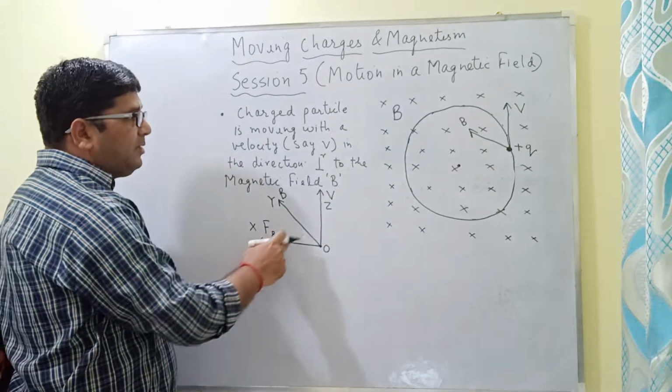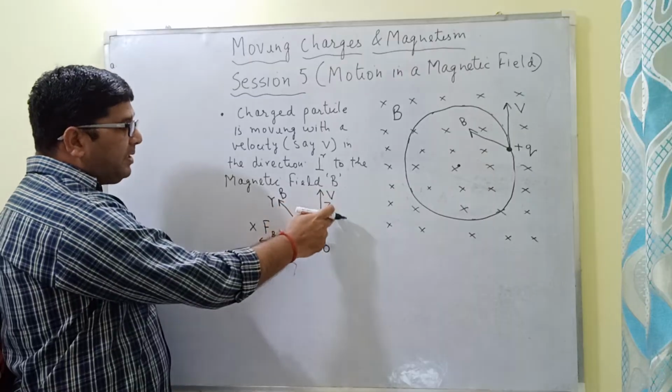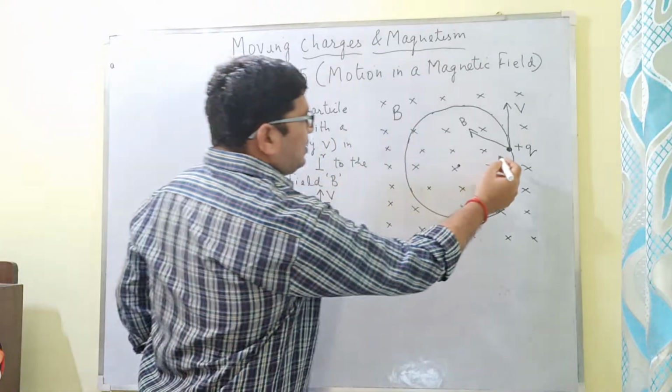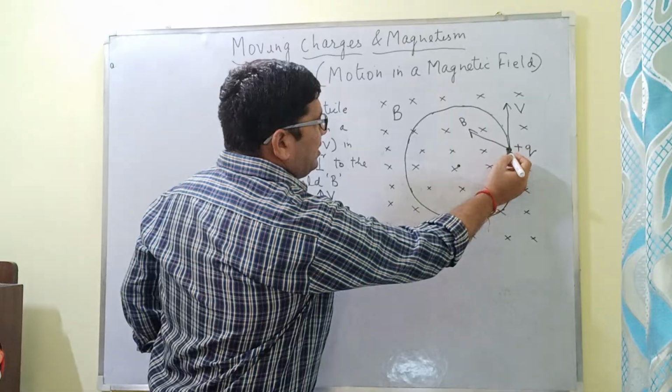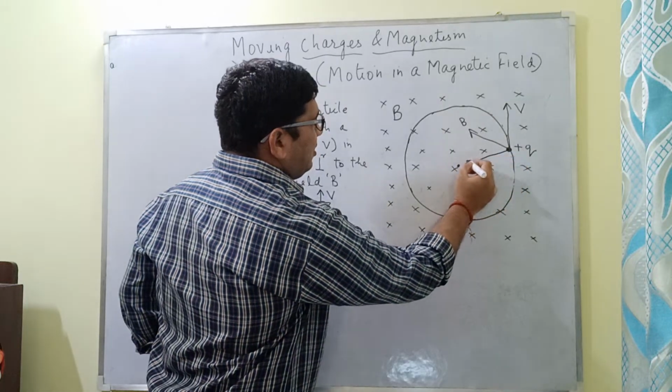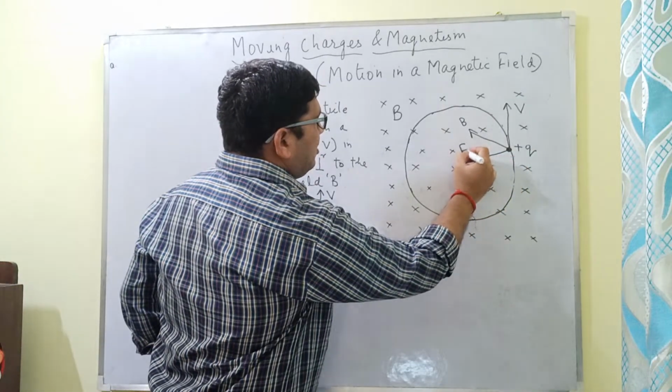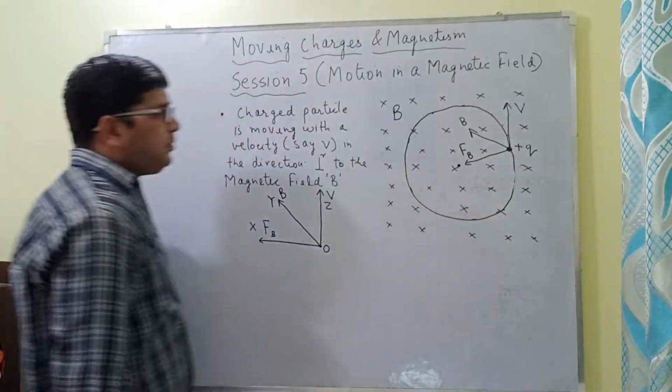The direction of the magnetic force will be such that it is perpendicular to both these two vectors, so its direction will be like this. This is the magnetic force.